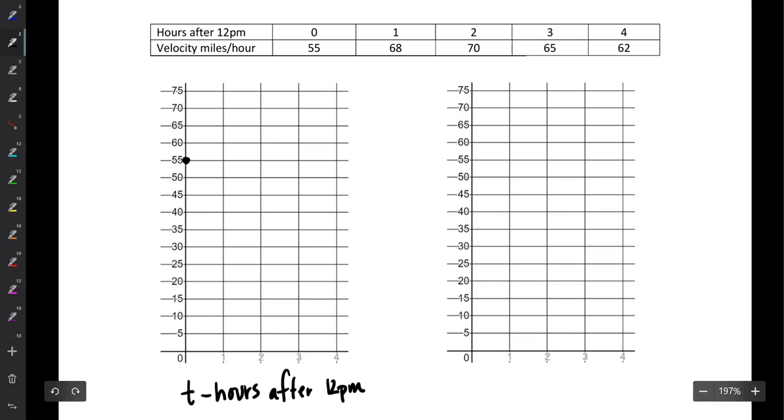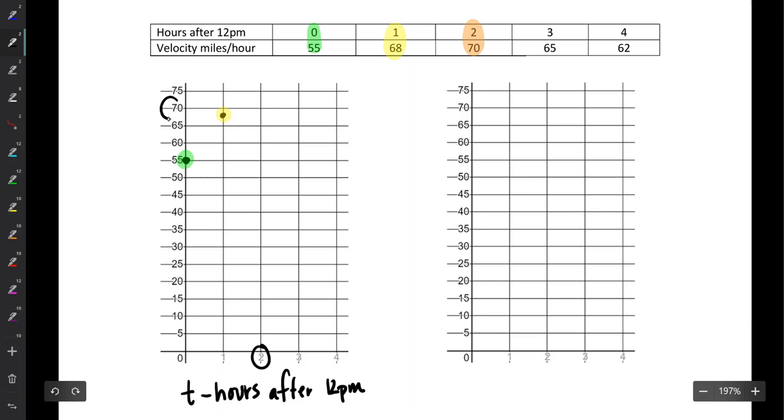Okay? So that little ordered pair is right there on the graph. Then at 1 o'clock, 1 hour after noon, you look down and you see that you are going 68 miles an hour now. So at 1, you're at 68, which looks like about right there. At 2 hours after noon, you were going 70 miles an hour.